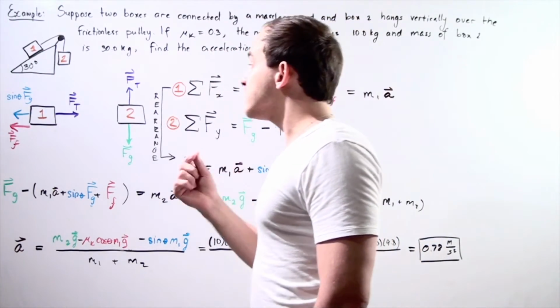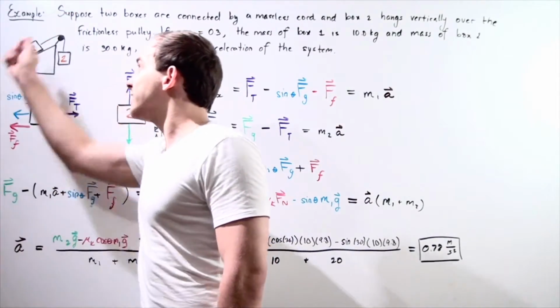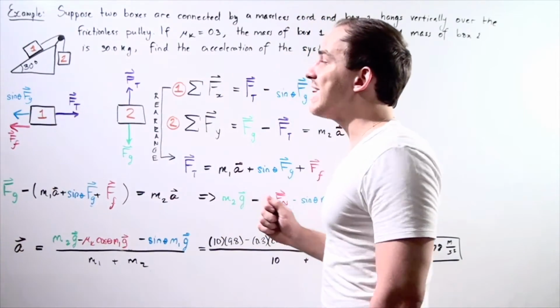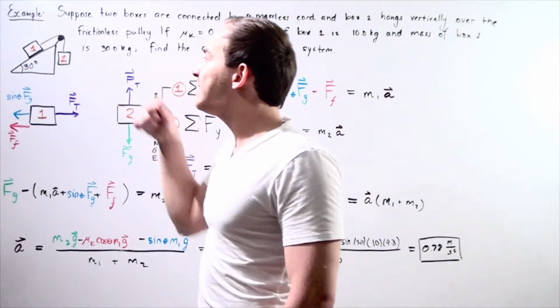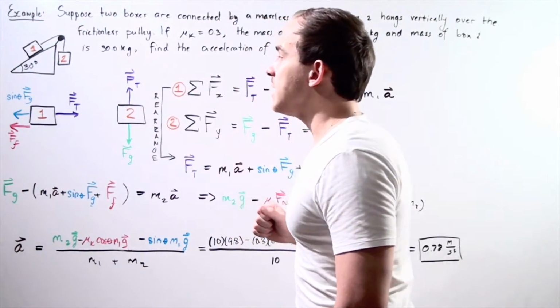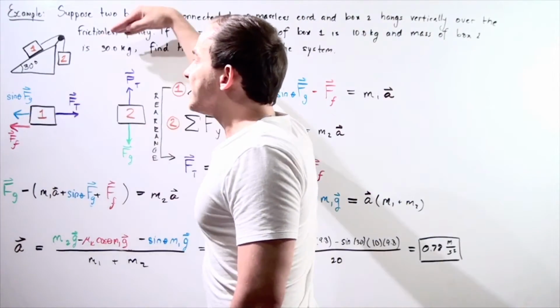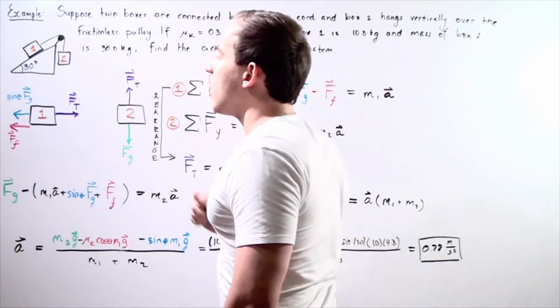So, the force that's pulling our box downward in the negative direction along the x-axis, so we choose the x-axis to run parallel to our inclined plane, our slope of the inclined plane, this points downward. This is the force of gravity.